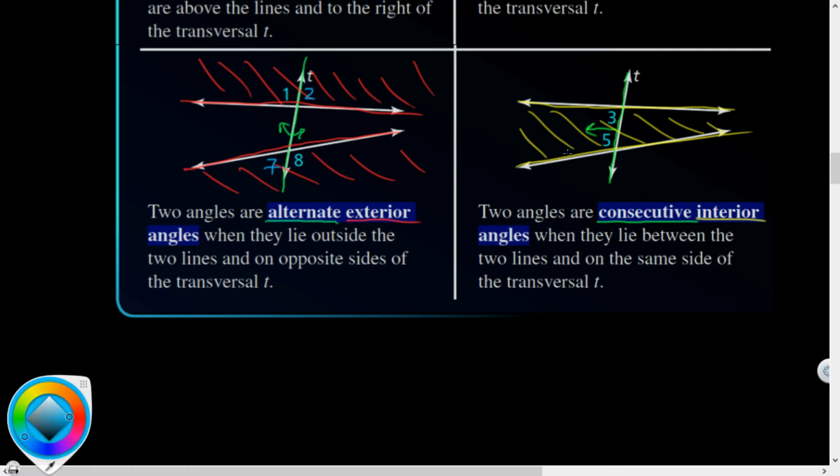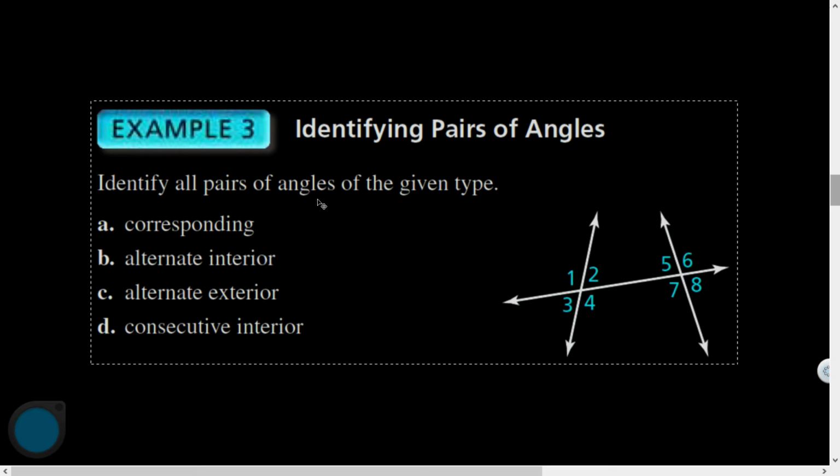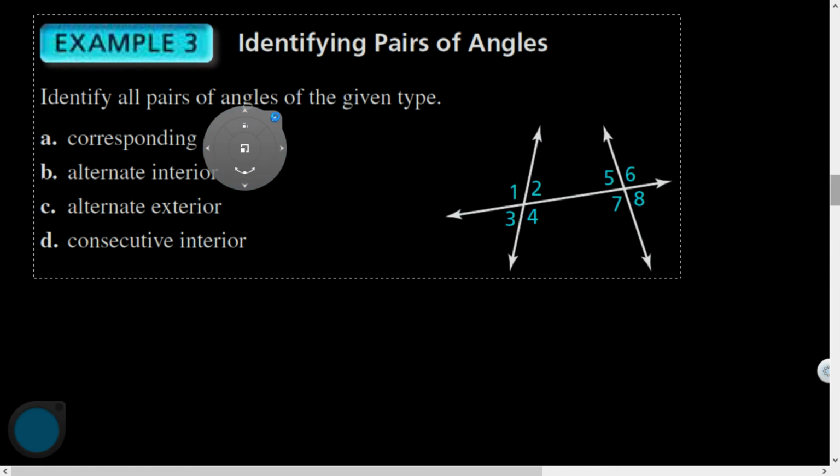In this case, angles 4 and 6 would be consecutive interior angles to one another. Eventually we're going to have all sorts of information that we will be able to discern about parallel lines cut by a transversal. But today we're just learning the names of things and learning how to identify things.